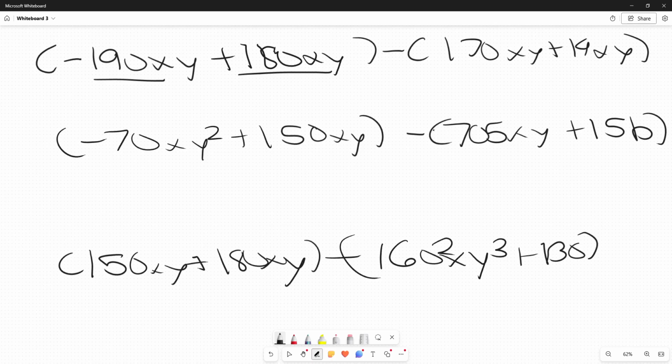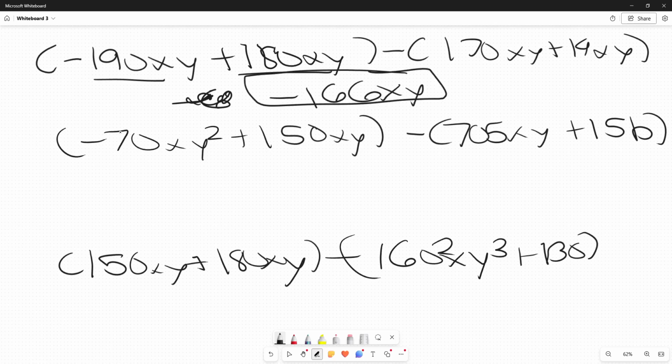All of the terms have similar variables, and the final answer, if we add all of that up, would be negative 166xy. That's your final answer over there.